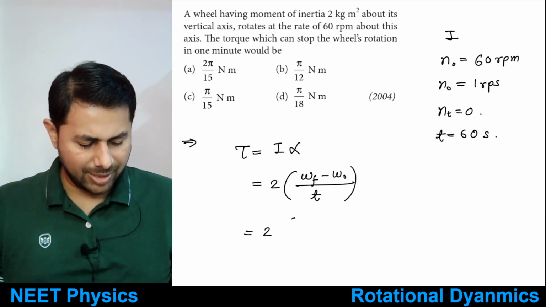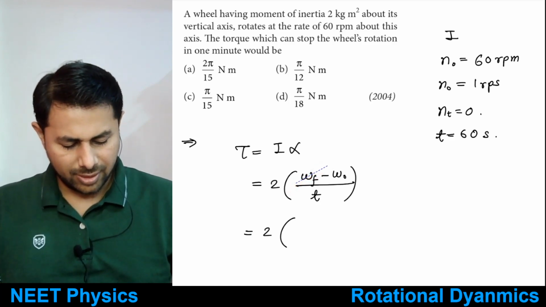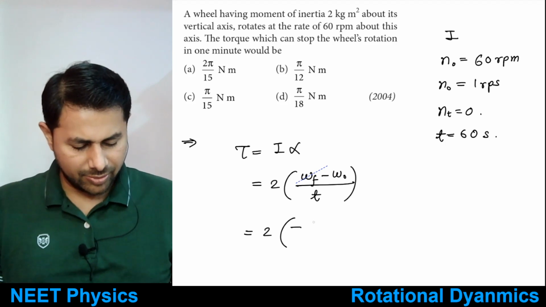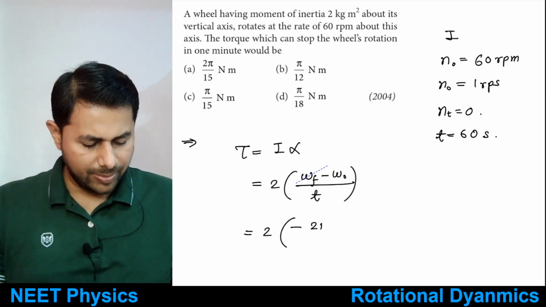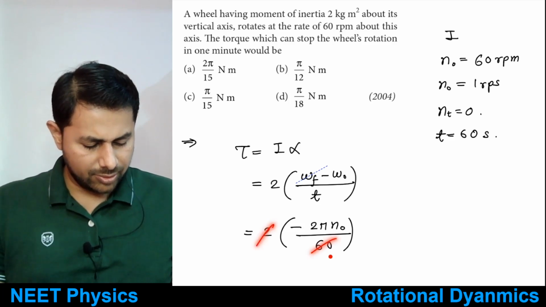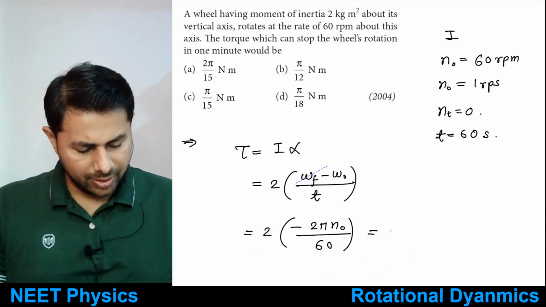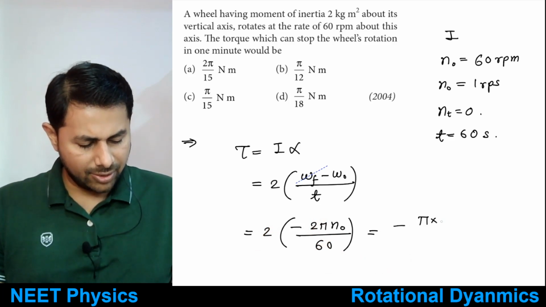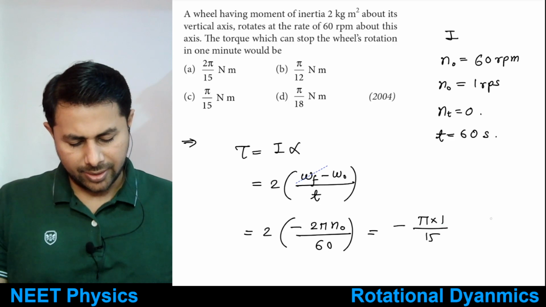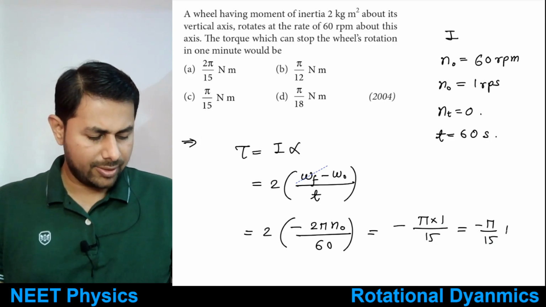So that is 2 multiplied by final angular velocity 0 minus omega naught, which is 2 pi times n naught, divided by time 60. So this is 2 pi n naught by 60, which gives minus pi n naught by 30, and n naught is 1. So the answer is minus pi by 15 Newton meters.